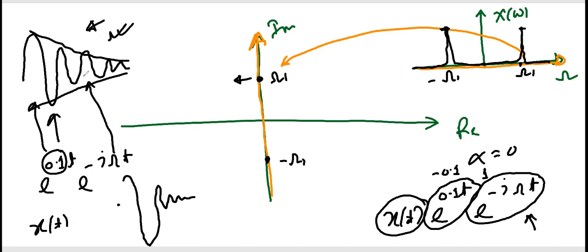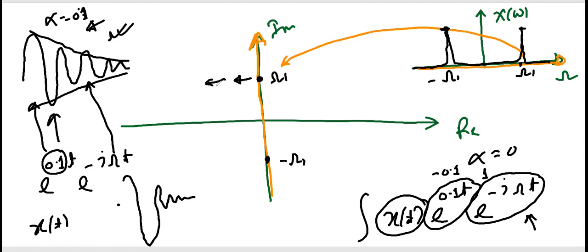Will this x(t) match with alpha equal to 0.1? No, that will not match. So the amplitude will not vary. When you are matching those two in the integration, that summation will not give a very high value. An infinite value will not be generated.